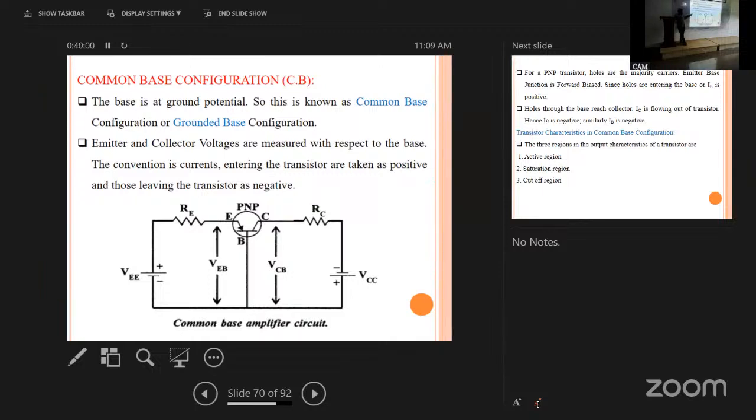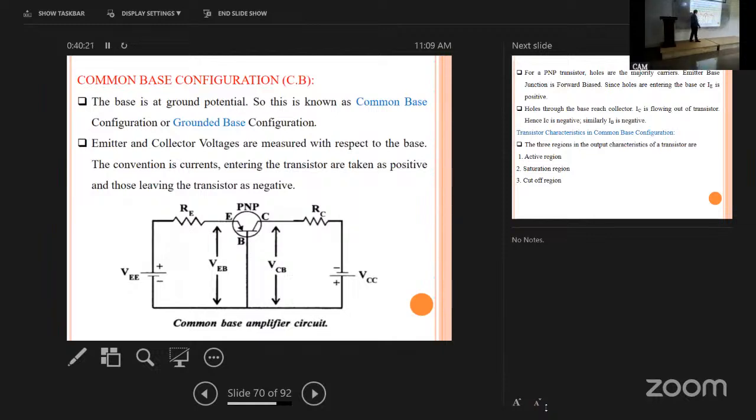The emitter resistor and collector resistor protect the transistor. We use these resistors only for protection, to avoid damage to the transistor.